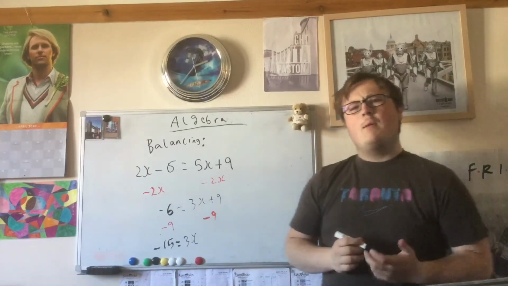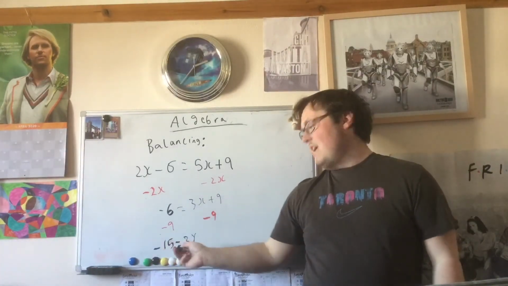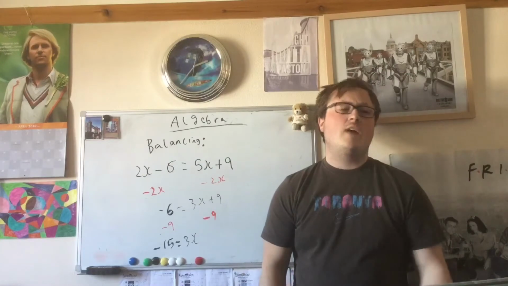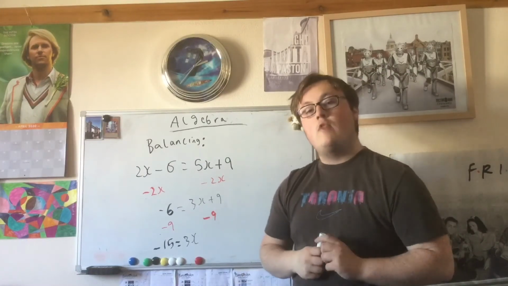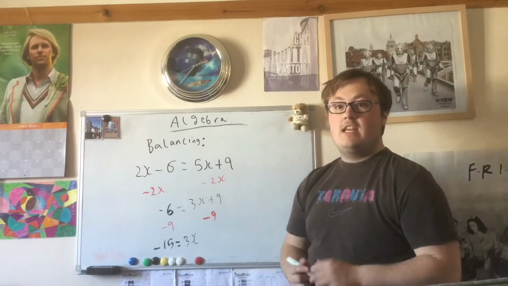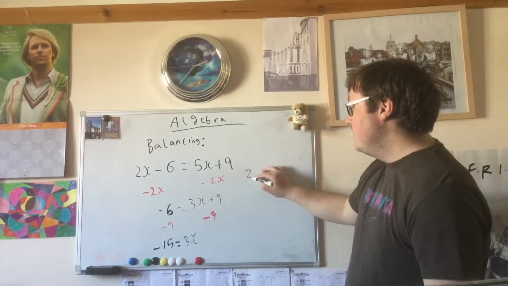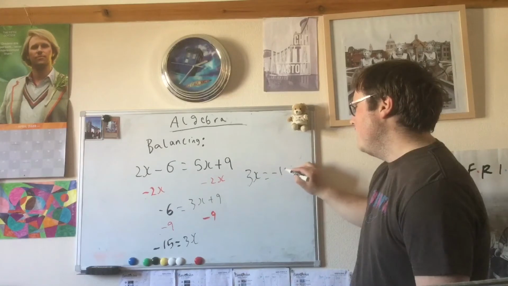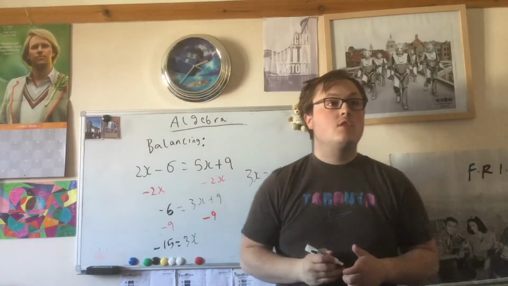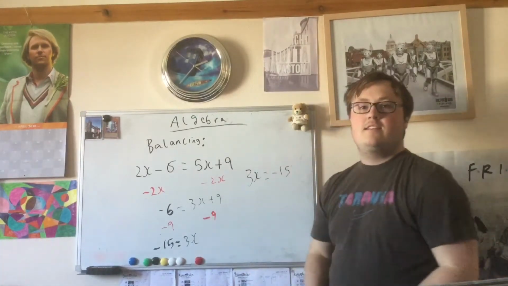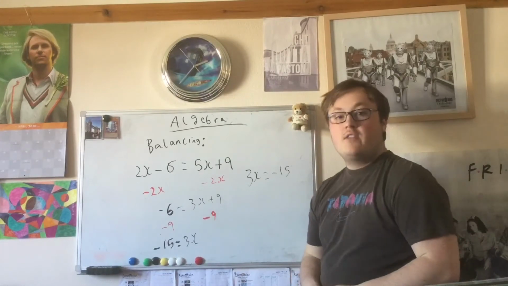Now many of you are probably a bit annoyed right now because the x is not on the side you'd want, how we usually do it. But here's a little trick. Negative 15 equaling 3x is exactly the same as 3x equaling negative 15. It's just swapped round. That's exactly the same. It's just also a neater way of doing it.